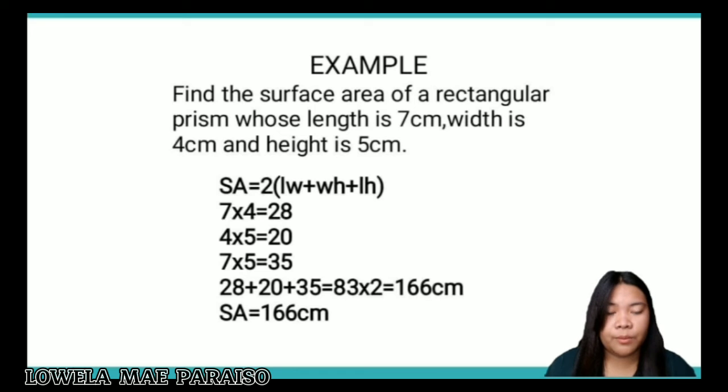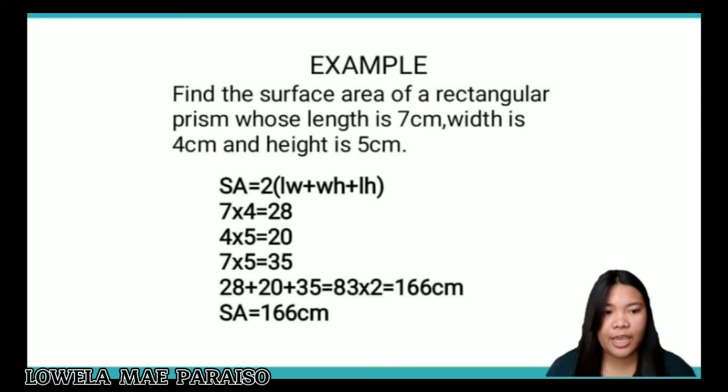So, nasabi ko naman na kanina yung formula. So, ang kailangan na lang natin is solve yung problem. So, 7 times 4 is equal to 28, and 4 times 5 is equal to 20, and 7 times 5 is equal to 35.